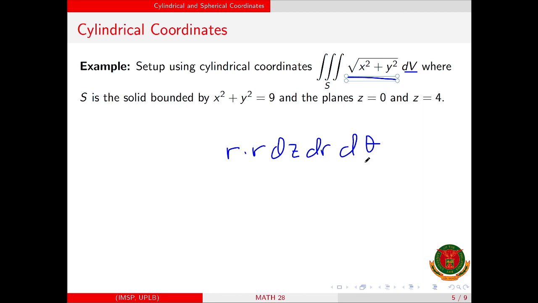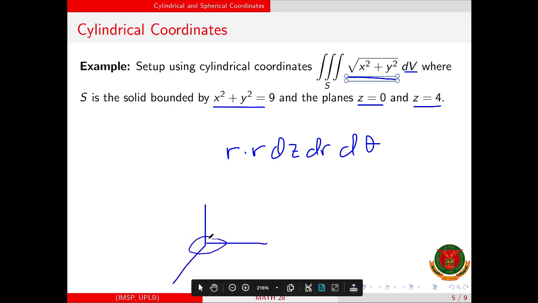And finally, we just have to determine the bounds of these three variables that we have. So the solid being considered is bounded by this equation, x squared plus y squared equals 9, and the planes z equals 0 and z equals 4. Take note that the equation given by x squared plus y squared equals 9 is actually represented by a right circular cylinder in 3D space.